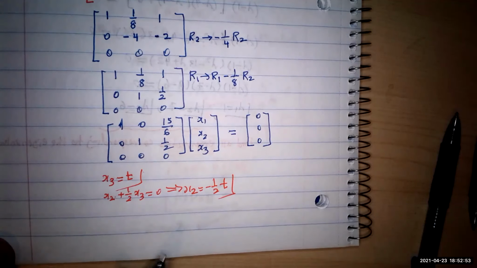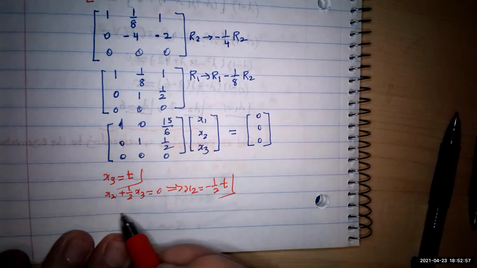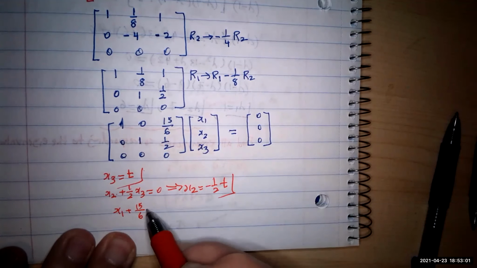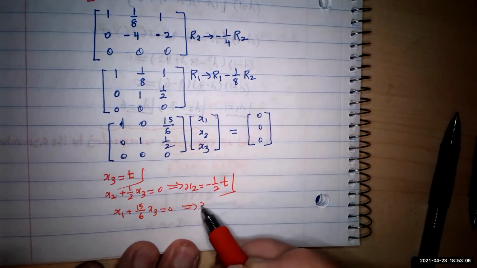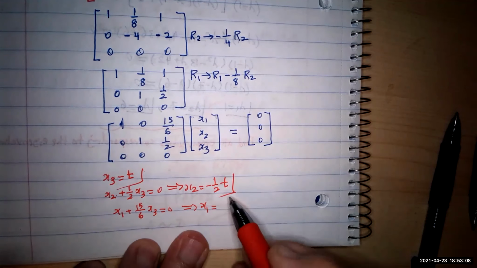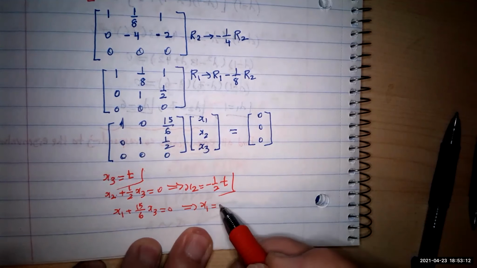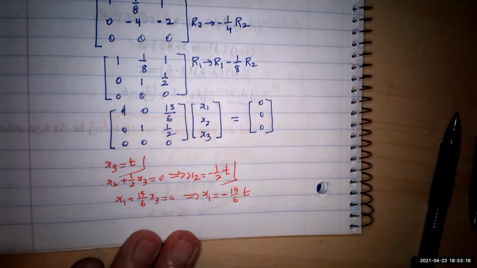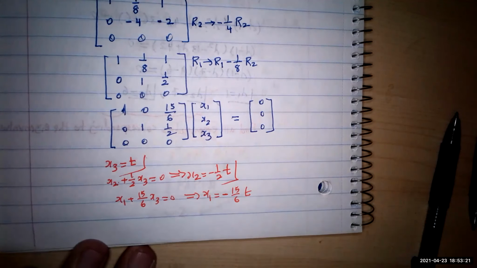Okay, and from the first one, we get x1. You get x1 plus 15 over 16 of x3 equal to 0. So your x1 is going to be equal to the negative 15 over 16 of t. Okay, so they all depend on t, but you are interested in one of them.